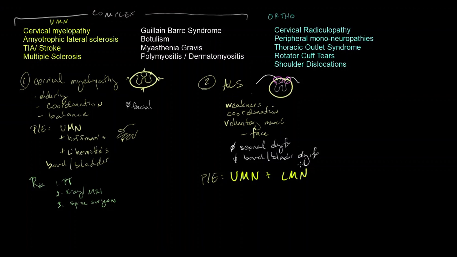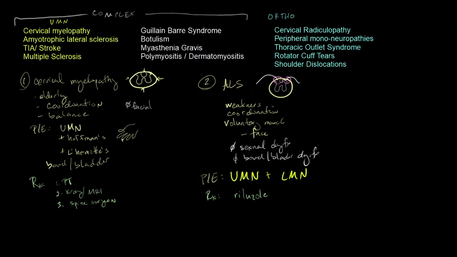So they will have both in some muscle groups, hyperreflexia, increased tone, and in other muscle groups they might have fasciculations and atrophy. The treatment for this, unfortunately, there is no cure for ALS. Riluzole may increase life by a few months, but generally this is a terminal disease.